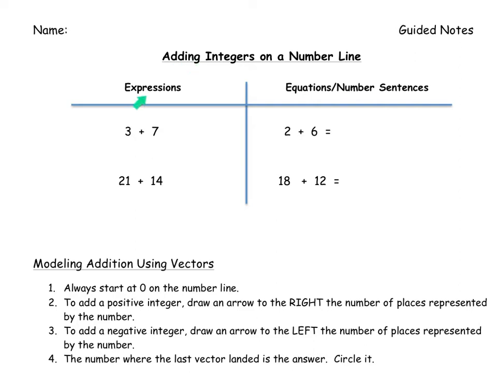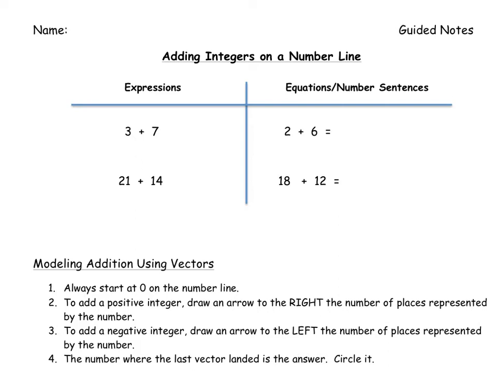So first let's talk about the expressions. Expressions are made up of numbers, sometimes variables, which we'll talk about later, and an operation. But what's missing is an equal sign. And when we find the answer to an expression, we write the answer underneath.